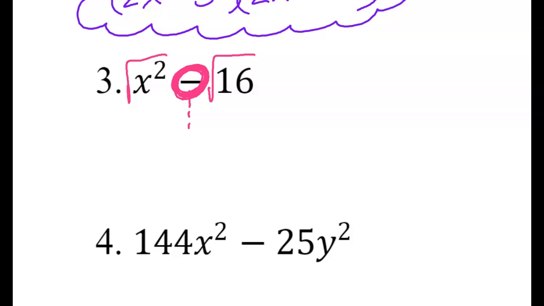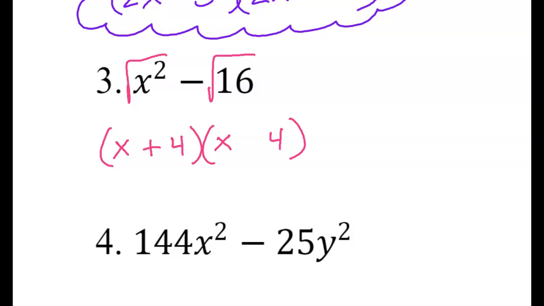Annie said it in the chat. Yes, difference of squares. Whenever you have perfect squares and there's a subtraction symbol between them, you can split them into two binomials, square rooting both terms. So the square root of x squared is x, and you write it twice. The square root of 16 is 4, write it twice. One's a plus, one's a minus, you're done.